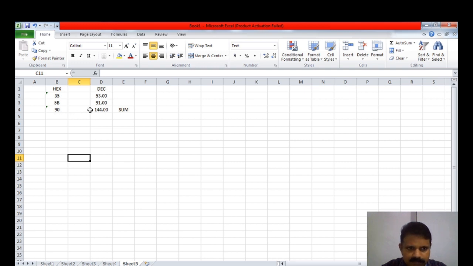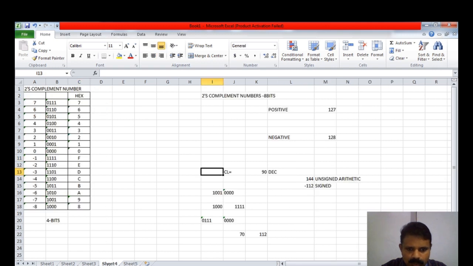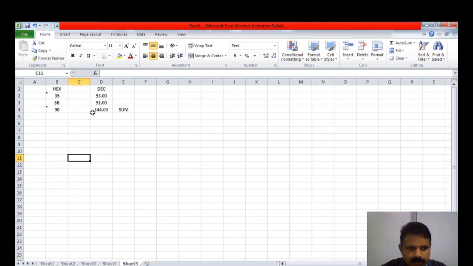The first question is, is it within our range? That is the range of numbers that can be represented using 8 bits. The smallest number is minus 128 and the highest number is plus 127. And this number is 144. It is not in the range.